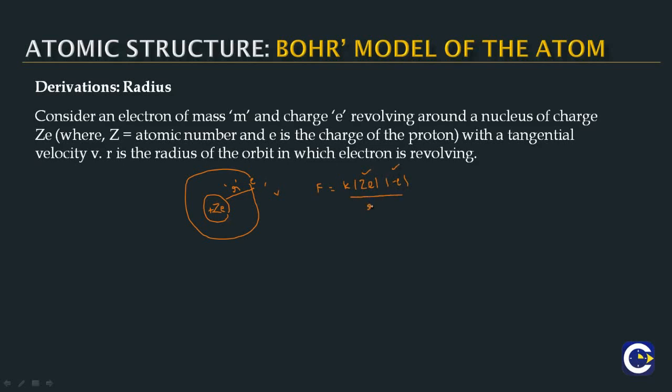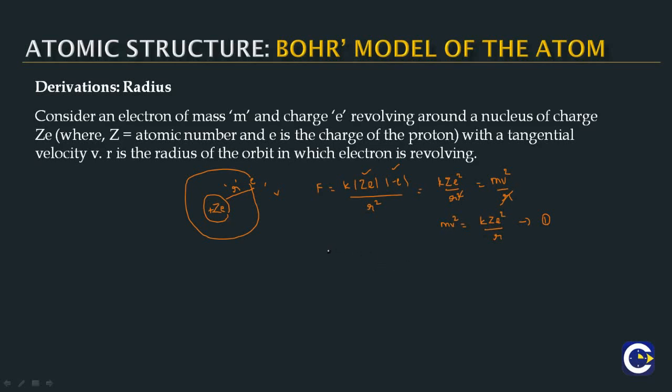This is equal to k Z e square by r square. This is the force, and this must be equal to the centripetal force. The centripetal force formula is mv square by r. So cancelling r here, we will have mv square equal to k Z e square by r. Let us keep it as equation 1.